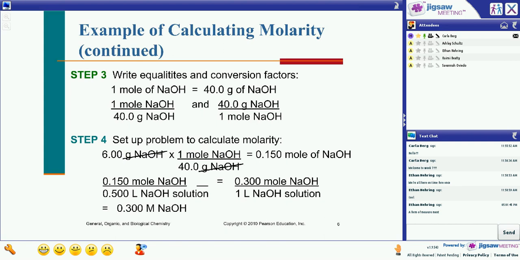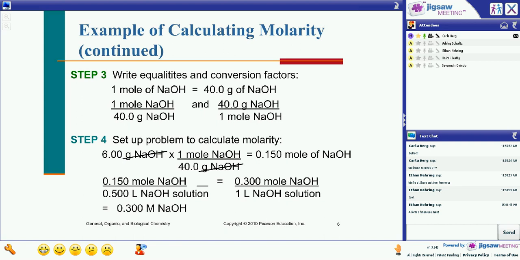So we know that we have 6 grams of the sodium hydroxide, and we know that there's 1 mole of sodium hydroxide for every 40 grams. Just like when you're converting feet to inches or meters to centimeters, we have to make sure that our labels cancel out.